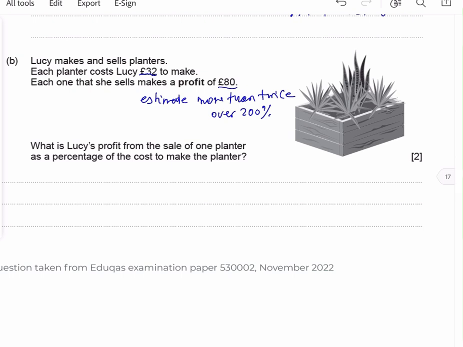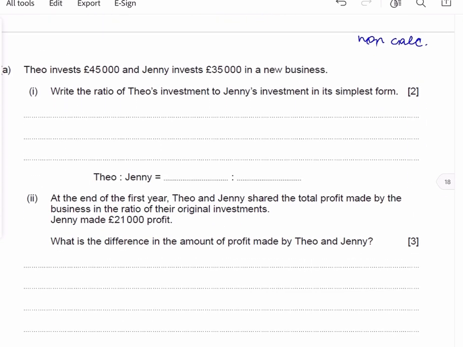Okay, and now we're going to use the formula for how to change a number into a percentage. So profit is £80. You need to show this as a percentage of the cost to make the planter. That is 32. So we're dividing 80 by 32 and timesing by 100. And that gives us 250%. That's what we expected here. So profit should be more than 200%.